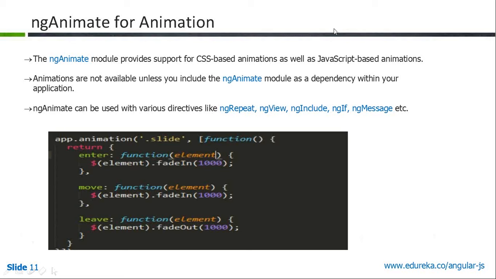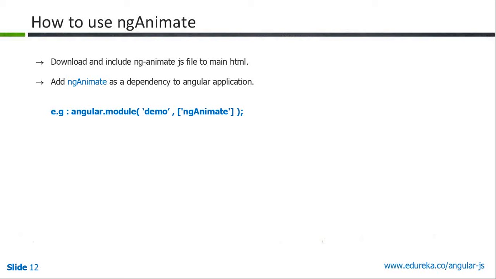Okay. So where is ng-animate supported? It is supported on the following directives: ng-repeat, ng-view, ng-include, ng-if and ng-messages. On these directives, you should be able to access the ng-animate module. So how can we use ng-animate in our applications?